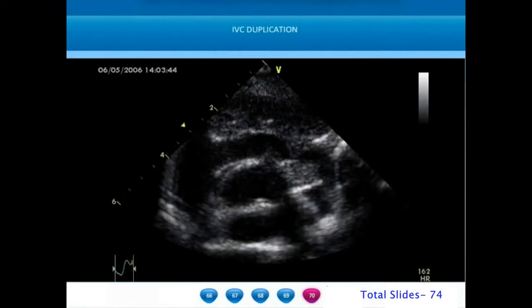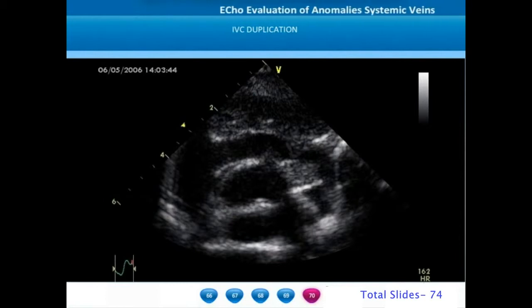Duplication of the inferior vena cava is an abnormality characterized by the presence of two inferior vena cava on either side of the spine. The right inferior vena cava drains the right iliac veins and the right renal veins, courses superiorly, drains all the hepatic veins, and ultimately enters the right atrium.